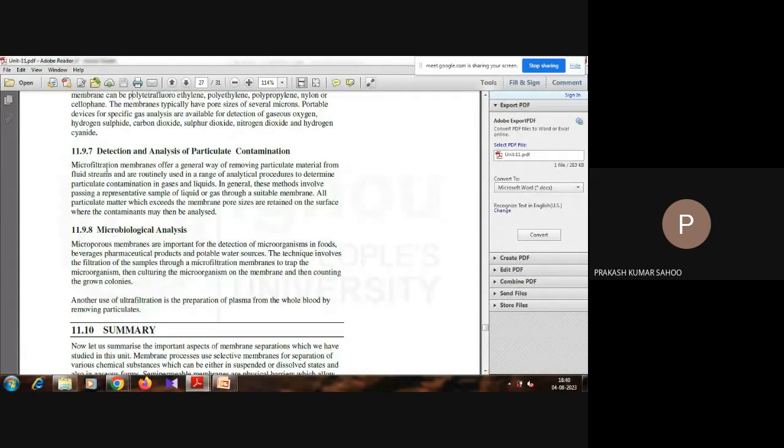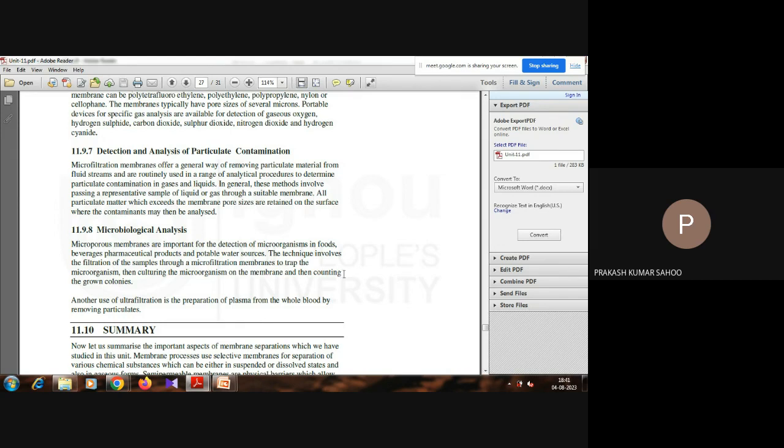We have microfiltration membranes, ultrafiltration, nanofiltration, and microbiological analysis, where you can detect pathogens like bacteria and viruses, or separate them from a water sample or any other biological sample.